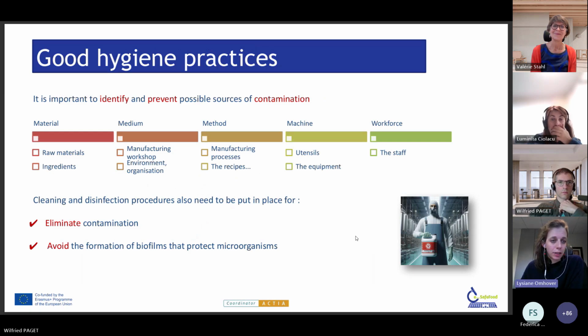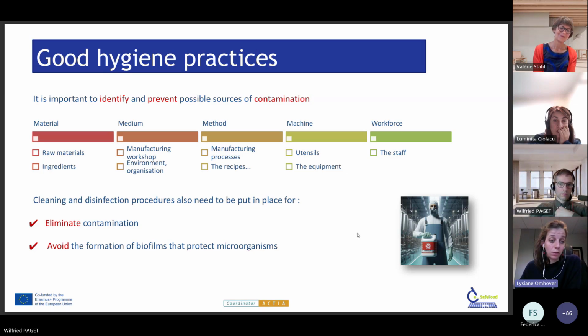For hygiene, for example, it's important to identify and prevent possible sources of contamination. There are mainly five sources of contamination. As we showed previously, it can be materials, with raw materials or ingredients.